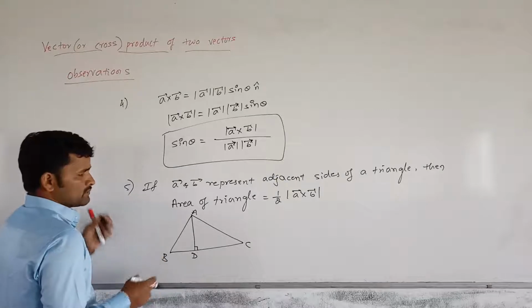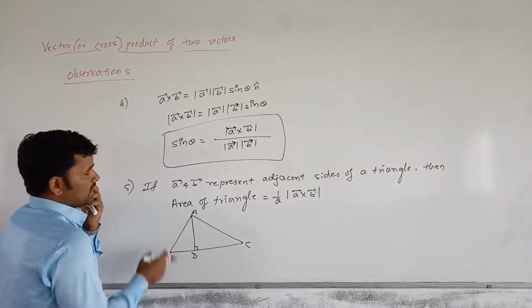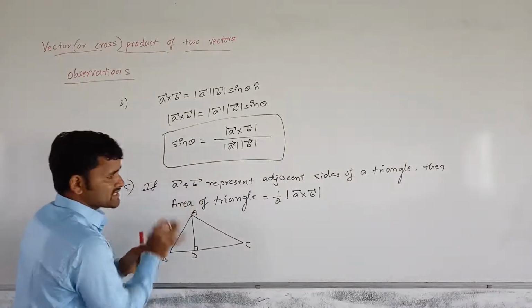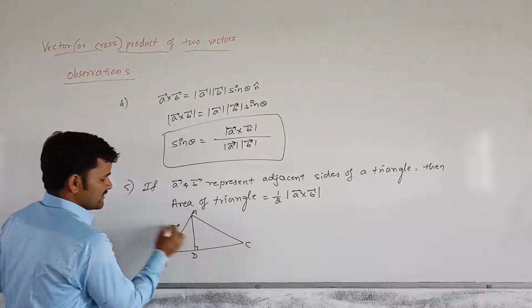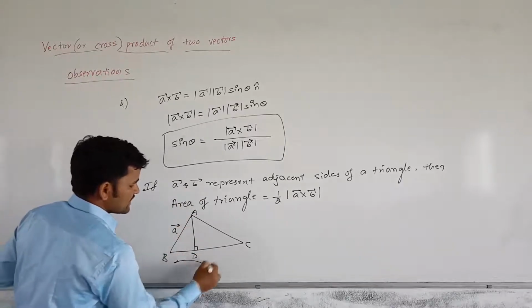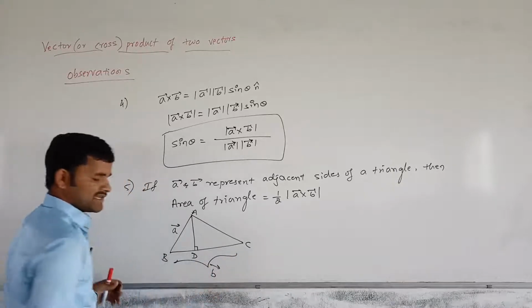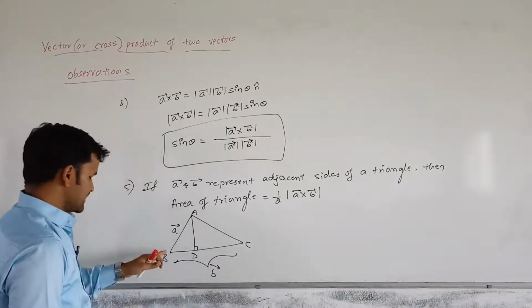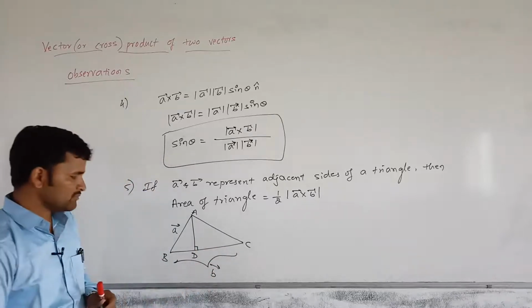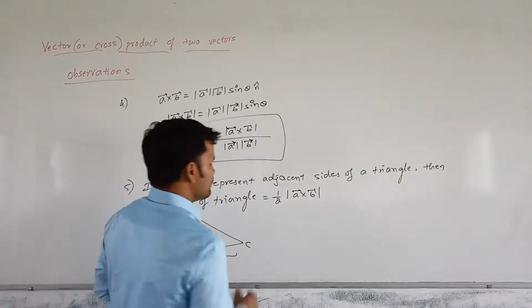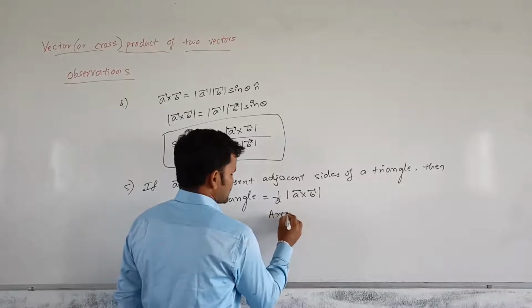And suppose vectors a and b are adjacent sides, so let me take AB as vector a and BC as vector b. I am taking the AB side as vector a and the BC side as vector b.